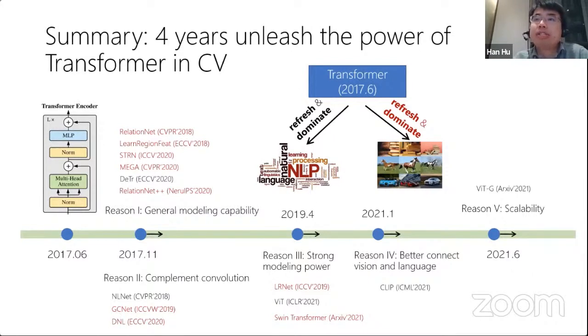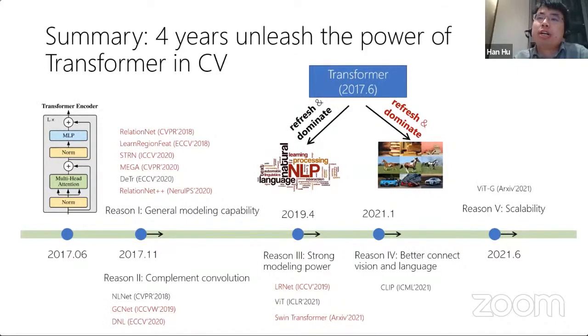So in this talk, Swin is just one exploration of this direction, and there are also many other attempts. If you care about some recent works, you will see many modifications to perform transformer locally to replace convolution networks.